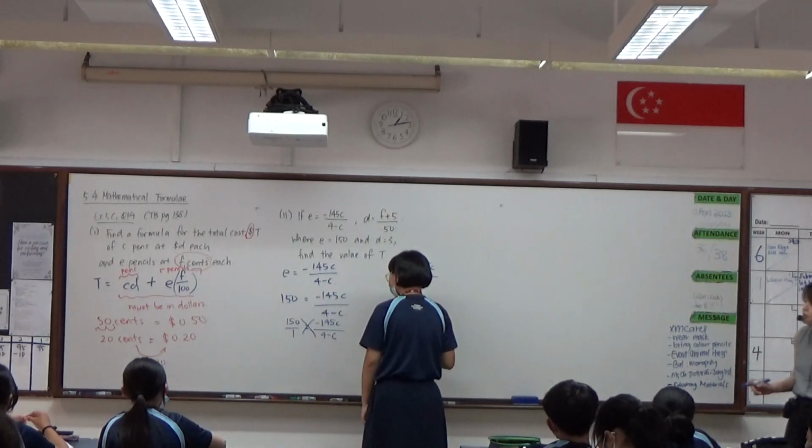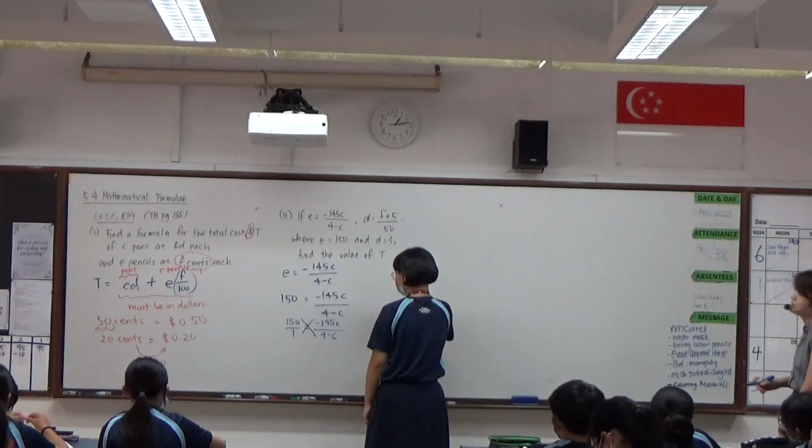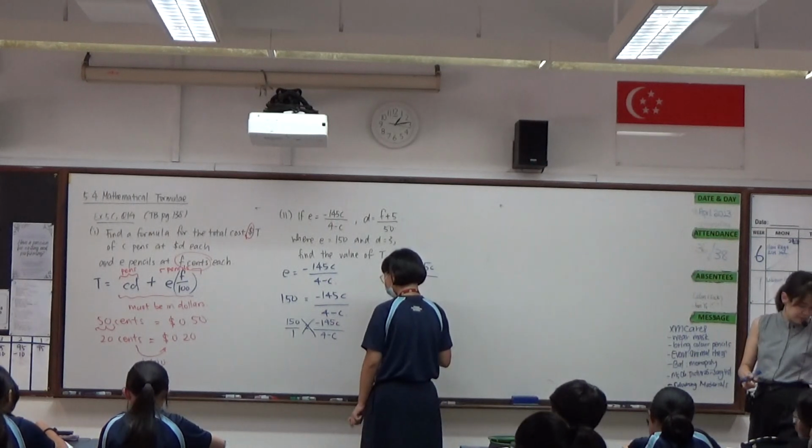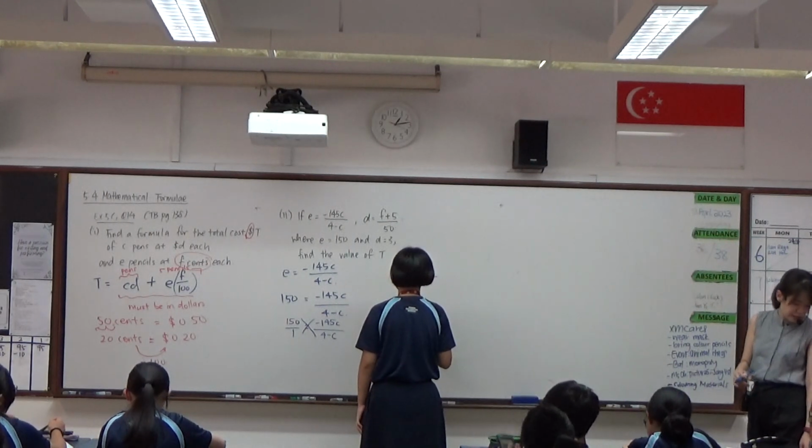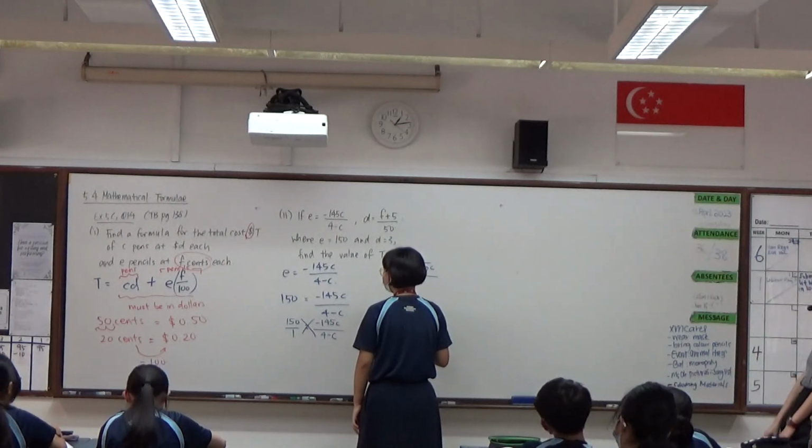Don't be blindly waiting. Please try it on your own. Find out what is C. The C value that you should get is 120.